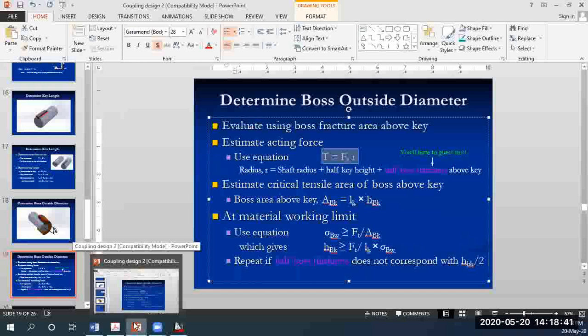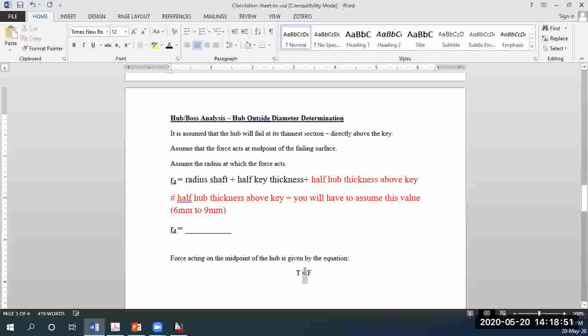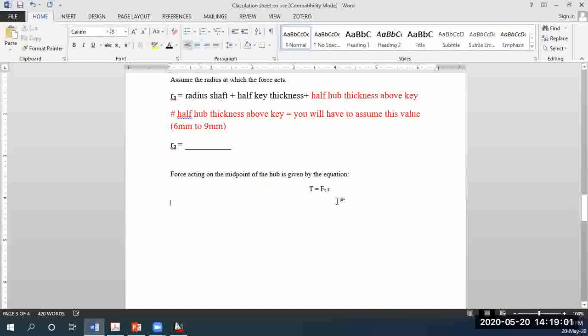Tensile force is a pulling force from both sides, right? Compressive is something pushing inwards, and shear is what we talked about during the key analysis. I'll just insert this here, in the center. So torque is equal to force times distance.